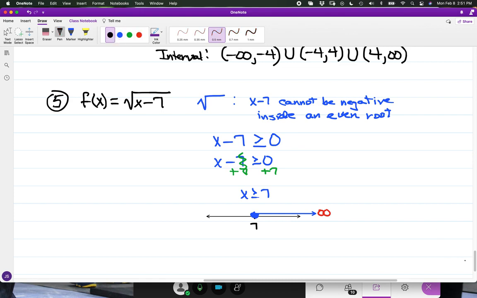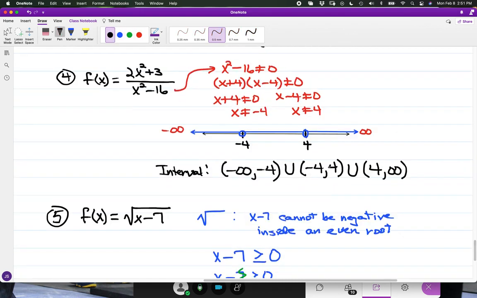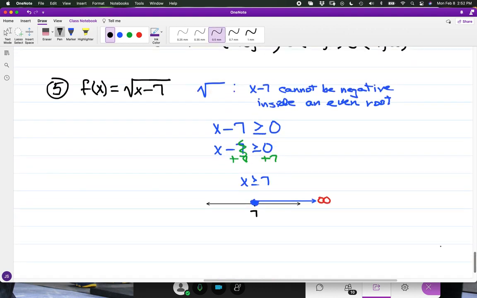We're looking at the domain, still an interval. For the domain here, we're going from and including 7, approaching infinity.